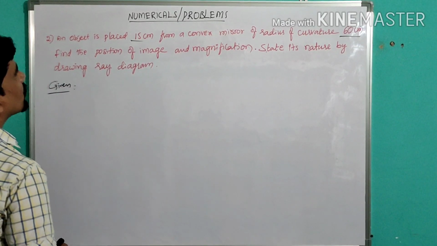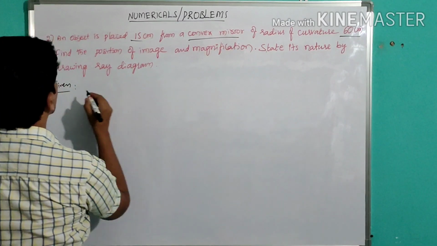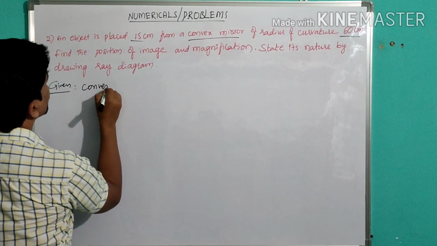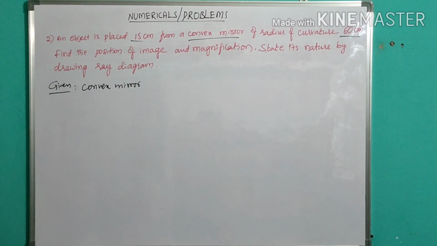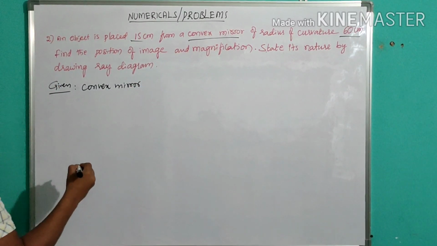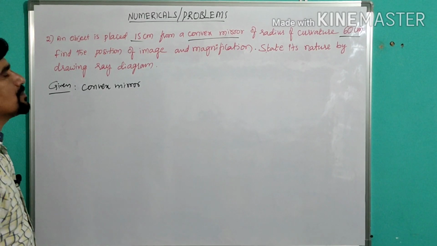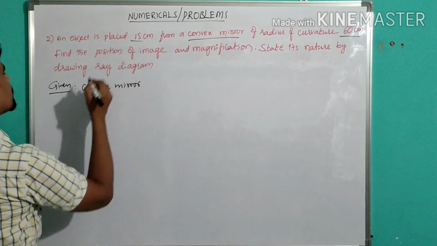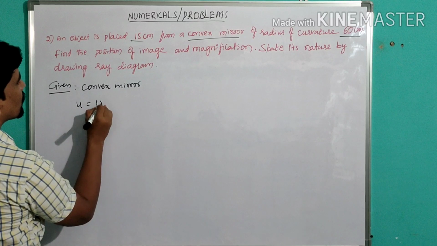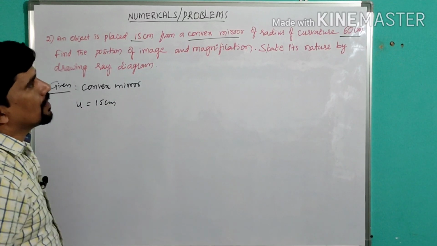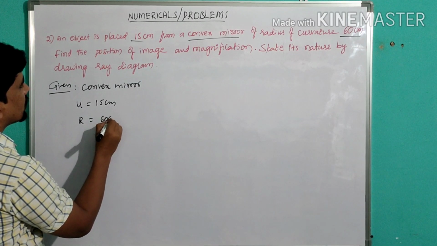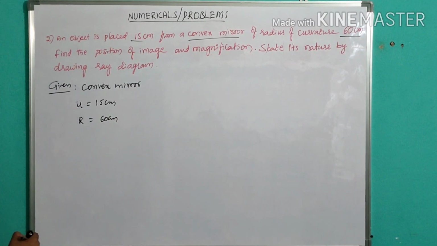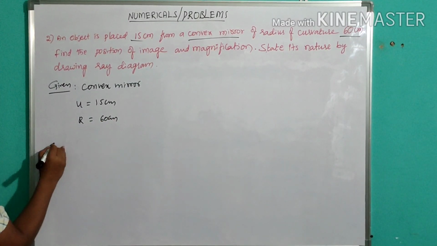It is a convex mirror, so write convex mirror. Next, an object is placed 15 centimeters from a convex mirror, so object distance is 15 centimeters. Radius of curvature, capital R, 60 centimeters. Find the position of image.